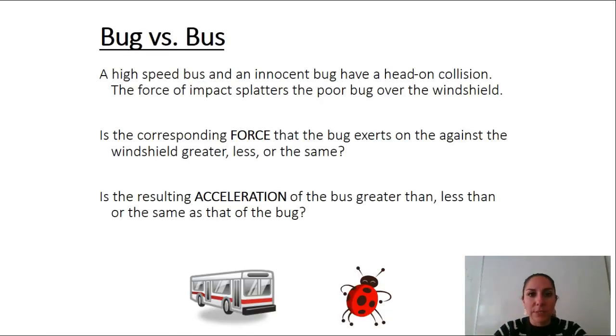So here's the idea. You have a bug and a bus, all right? Let's say you're driving and the bug comes into the windshield right here. Is the force the bug feels the same, greater or less? And is the resulting acceleration of the bug the same, less, or greater than that of the bus?